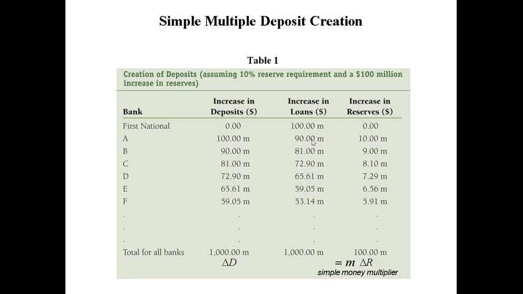So let's derive the simple money multiplier. If deposits go up by $100, like they did initially. Let's go back. Here, deposits go up by $100 million in this first round, right? And then they go up by 90, then 81, then yada, yada, yada.